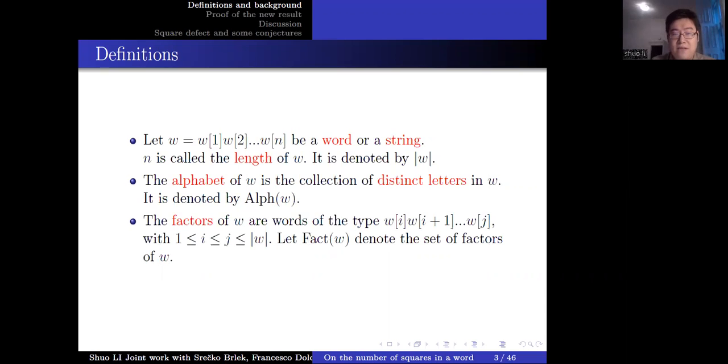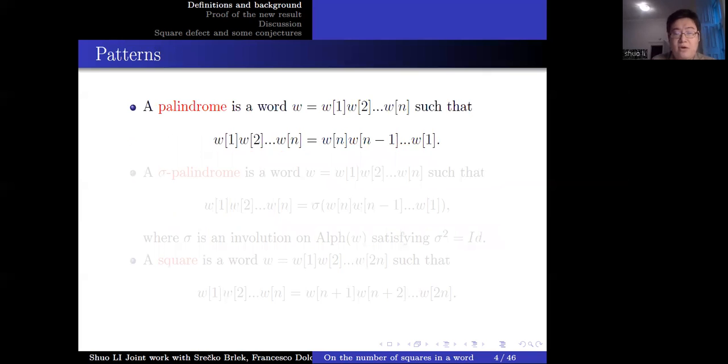A factor of W is defined as a finite string of consecutive letters appearing in this word W. Once we are given a word, people are interested in studying the different patterns appearing in this word. By patterns, we may list several of them, such as palindromes, sigma palindromes, squares, etc.